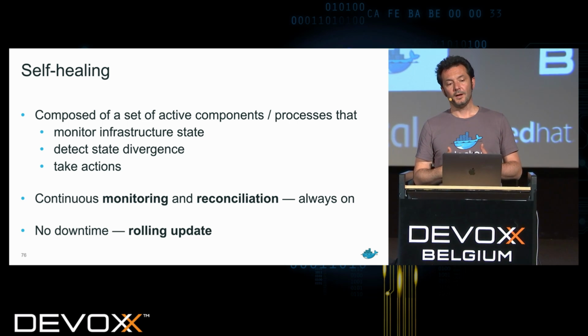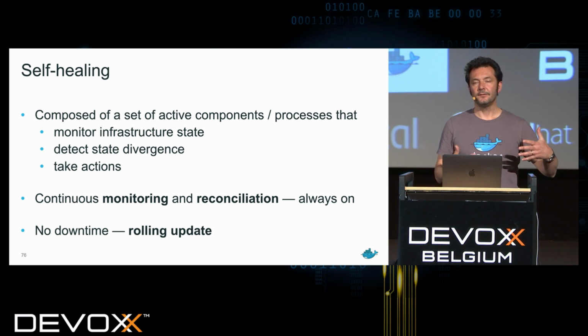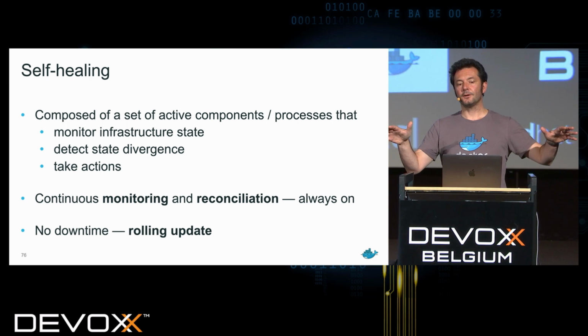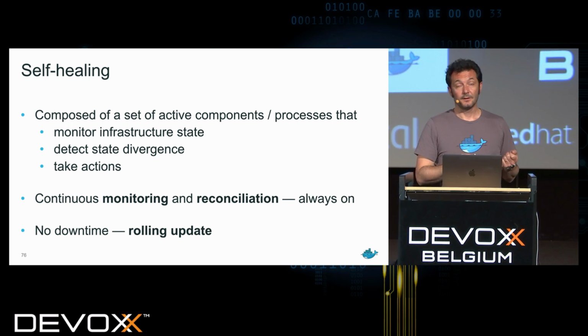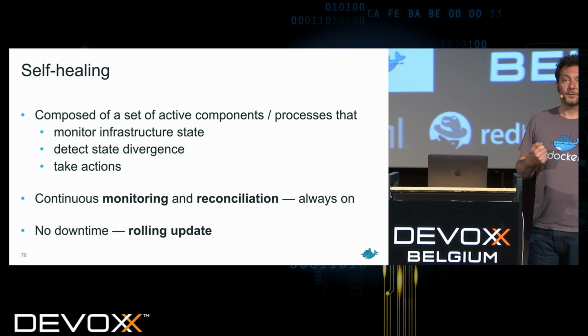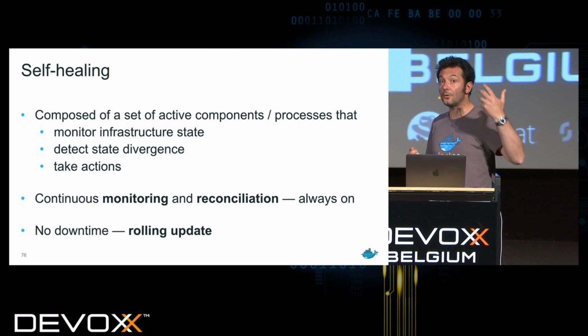And what InfraKit brings to the table is this set of active components that are constantly monitoring your infrastructure, and they detect state divergence and they take actions. That's pretty much the same kind of thing that we did with orchestration of containers with SwarmKit.